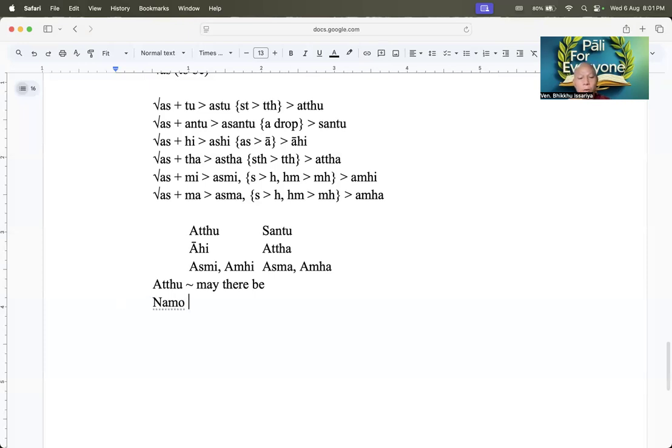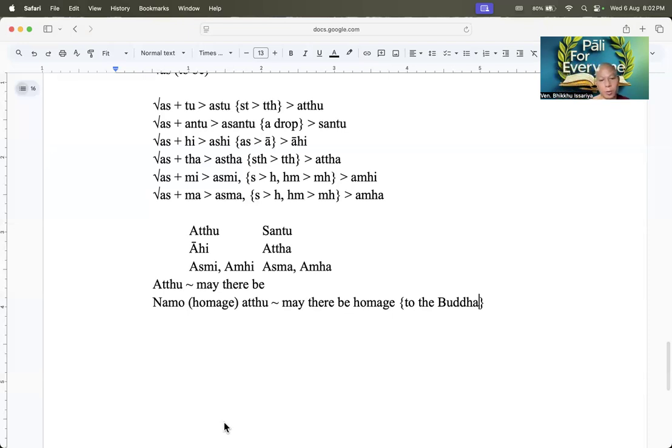So the meaning of namo is homage. Namo atu, so that means may there be homage. So maybe to the Buddha or something like that. Okay, may there be homage to you. But san do also, may there be in this way. Ahi, may you be. Ata, may you be. Asami, ami, may I be. I may be in this way.